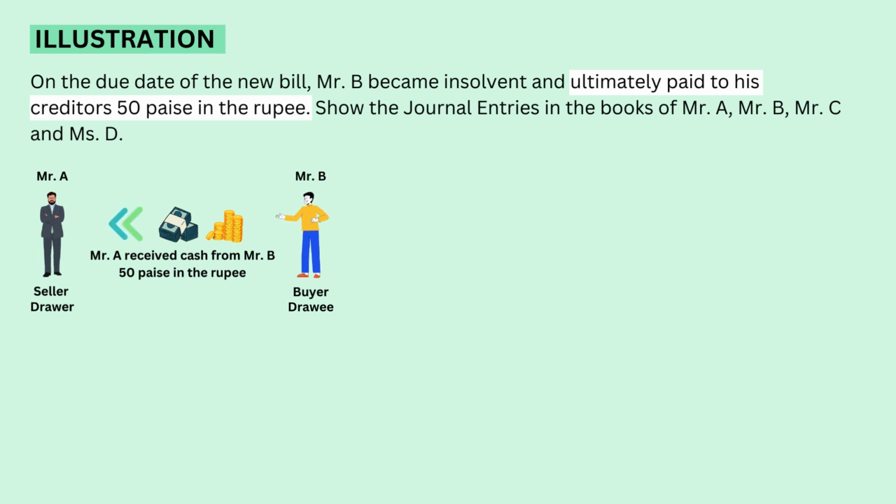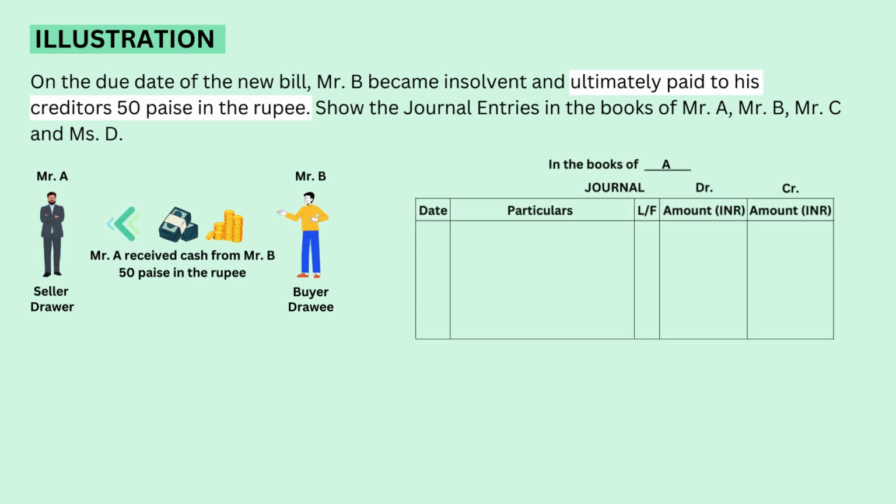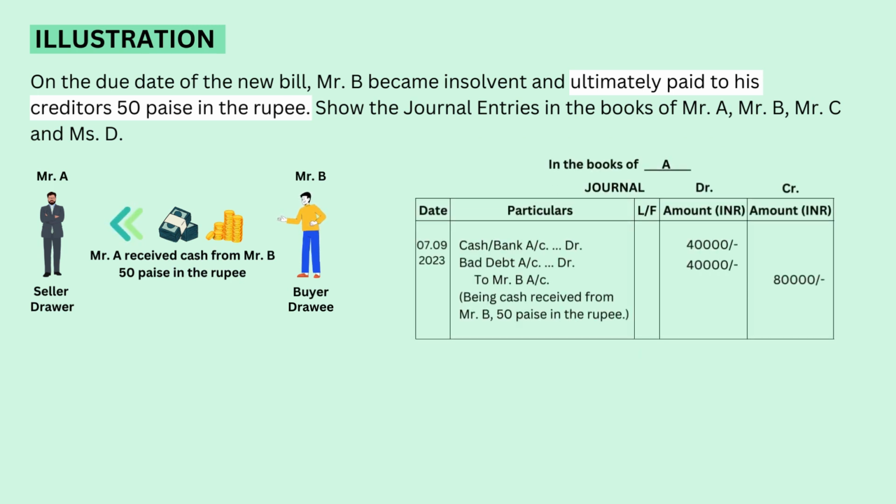Now let's pass the entries. In the books of Mr. A, cash or bank account debit rupees 40,000 which is received. Bad debt account debit rupees 40,000 which is not recoverable. To Mr. B account rupees 80,000.